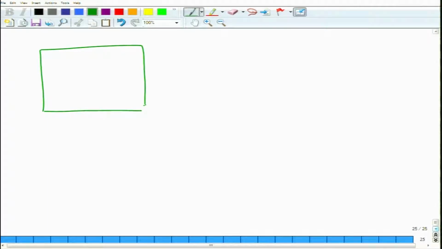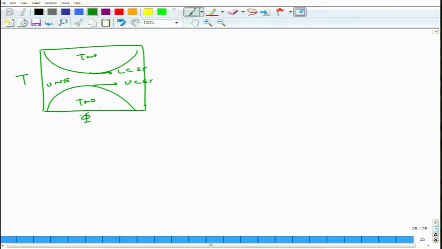So, for example, you can have this where this is LCST, this is UCST, this is 2 phase, this is 2 phase and this is 1 phase, and this is a function of T versus segment fraction of polymer.